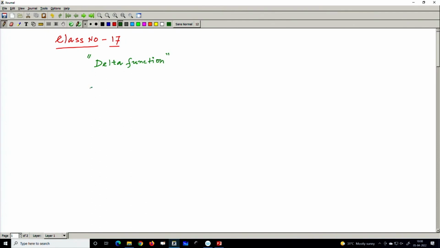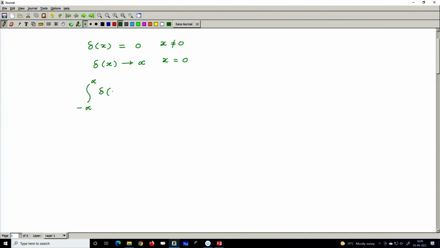So the delta function by definition says that delta x is 0 when x is not equal to 0, and delta x becomes infinity when x is equal to 0, and if I integrate over the entire x axis in one dimension, this gives us one finite value.